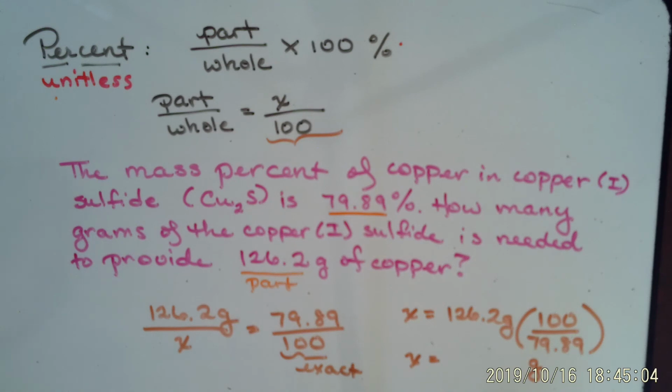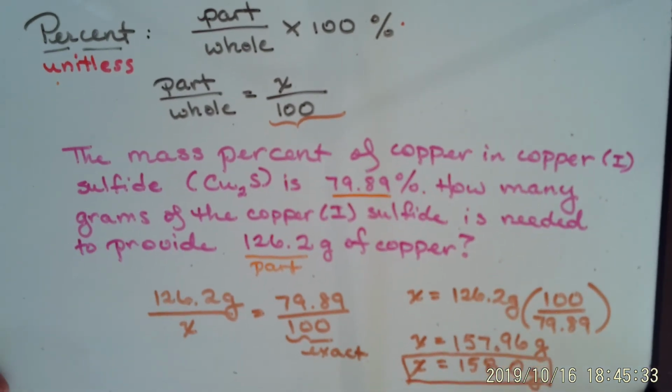So 126.2 times 100 divided by 79.89, and I get 157.96 grams, so 158.0 grams. Alright, so that's how we use percent.